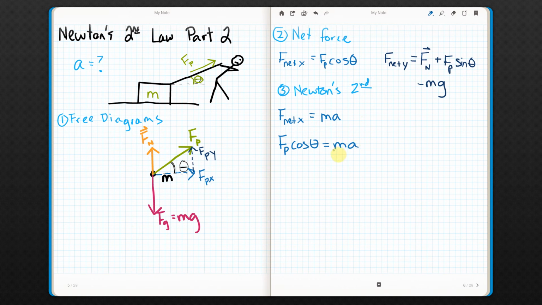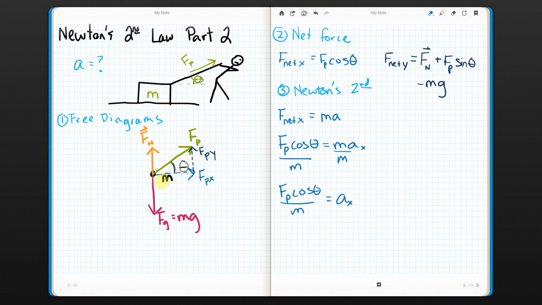Now, if this was a real typical problem, I would have Fp and I would have theta. So to get a by itself, just divide by m, and I get that the acceleration, in the x direction, is Fp cosine theta over m. I actually can stop there. That would be the end of it.